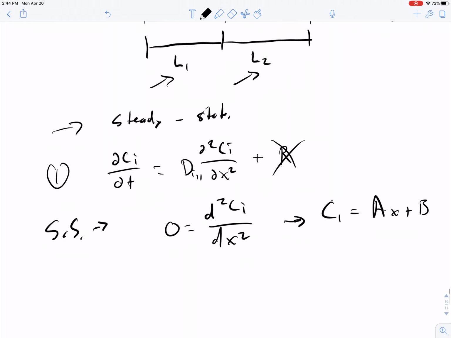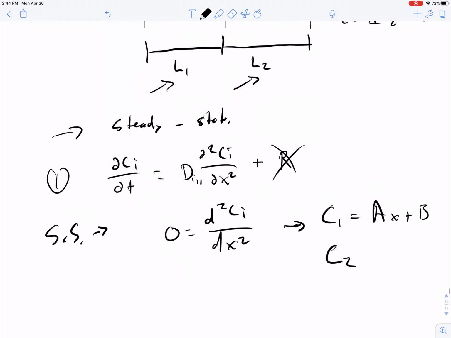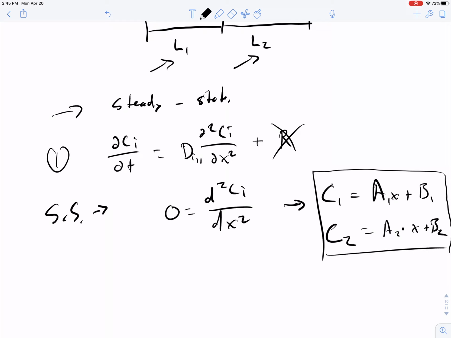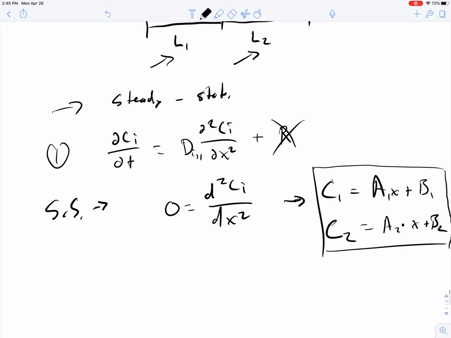And then similarly, for the material on the right-hand side, material 2, which we call muscle, would be equal to A2 times X plus B2. The solution of these differential equations is exactly the same. So we know that in both regions, the steady state distribution will be linear. Now it's just a matter of how do we find all of these constants.